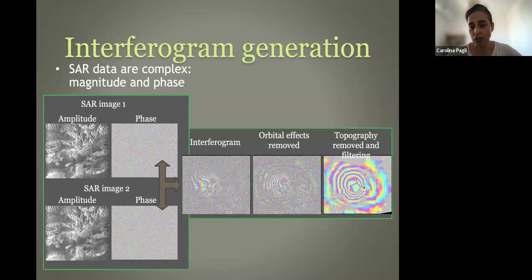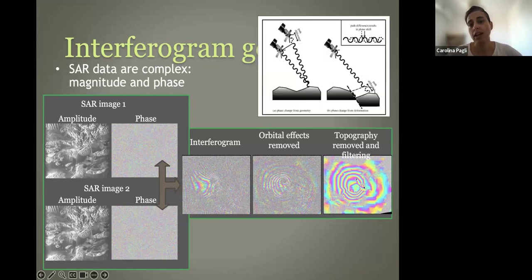Obviously, this isn't perfect, and there are some contributions from the orbits and from the topography that need to be removed, because at time 1 and at time 2, the acquisition will not be made from exactly the same point in space. So the orbits and the path that the signal follows won't be the same, and the topography will be seen from two different vantage angles.